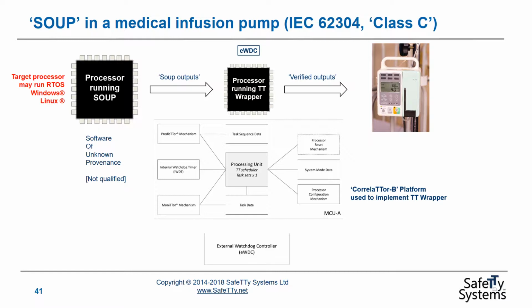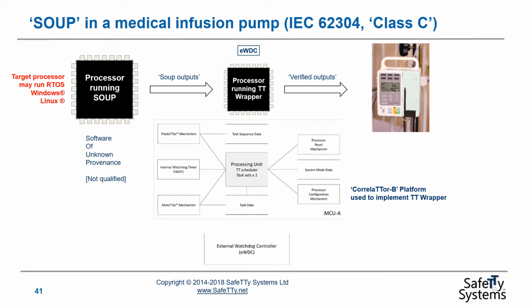For example, the target processor in this case may be running an RTOS, Windows or Linux. End result is that we have outputs coming from this processor that are unqualified, and we cannot be confident that these outputs are correct. Therefore, we cannot directly feed these outputs to our medical infusion pump.